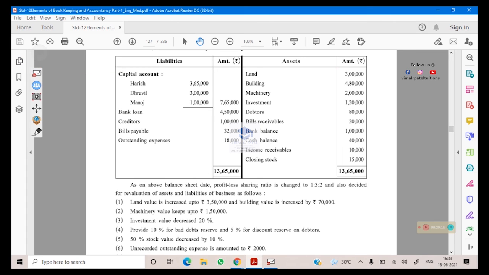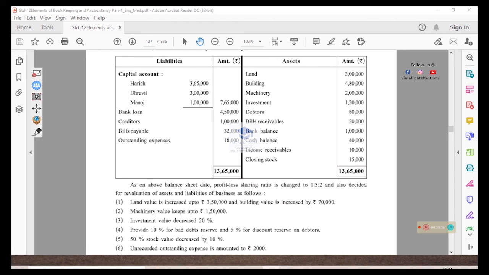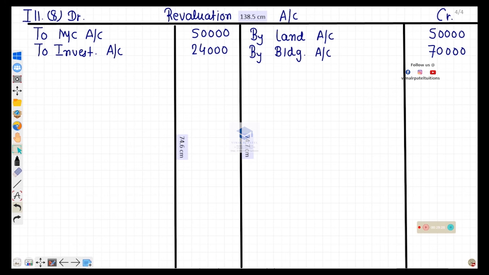Provide 10% bad debt reserve and 5% for discount reserve on debtors. Now debtors given in the balance sheet are 80,000. So first of all, BDR, 10% of 80,000, that will be 8,000. And 5% discount reserve.